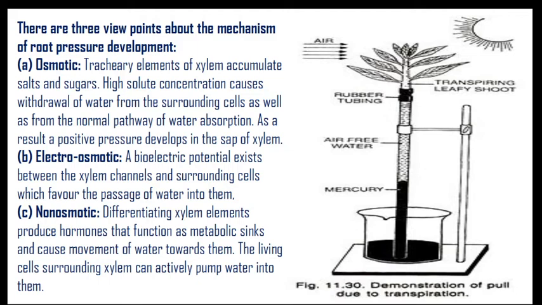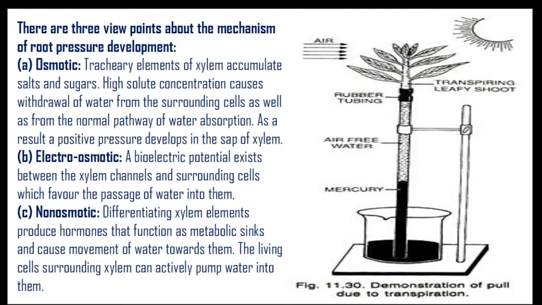So the salt and sugar water, which is sap, is expelled, resulting in a positive pressure development in the sap of the xylem. So the osmotic pressure is a positive pressure.